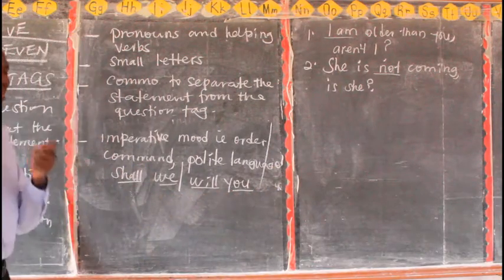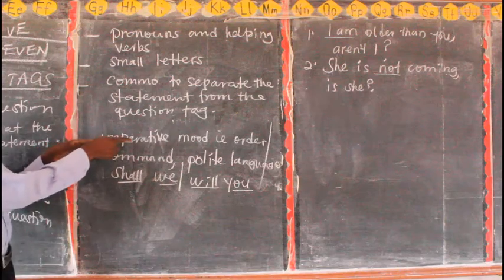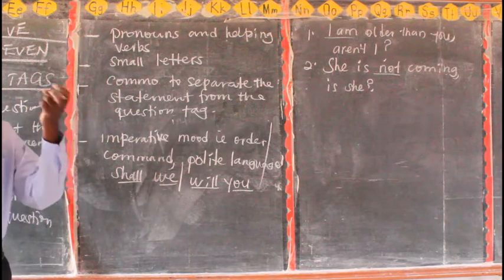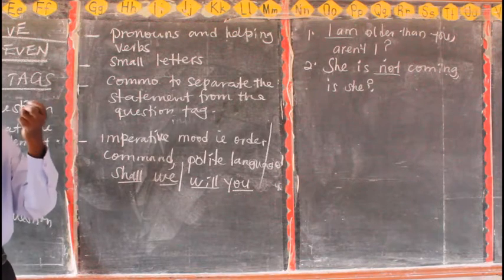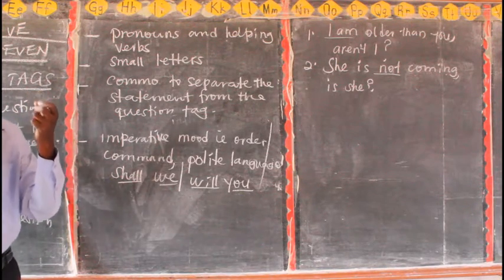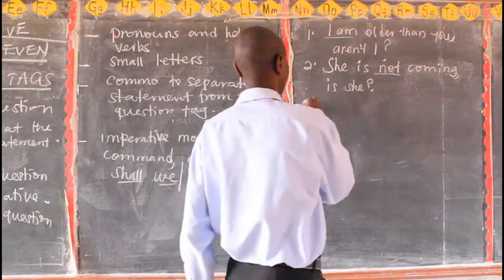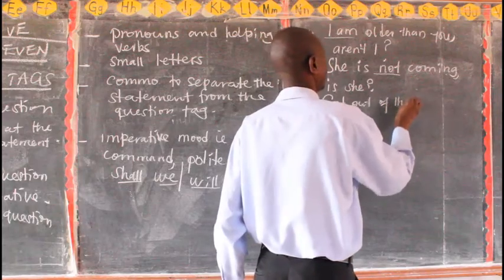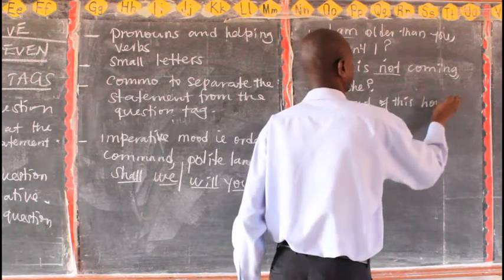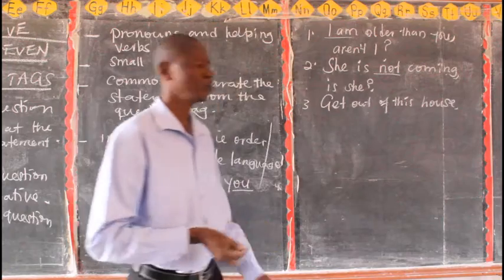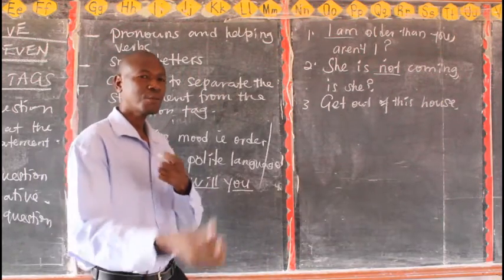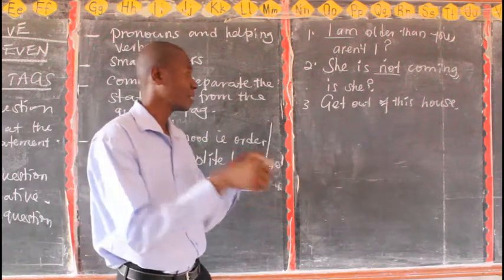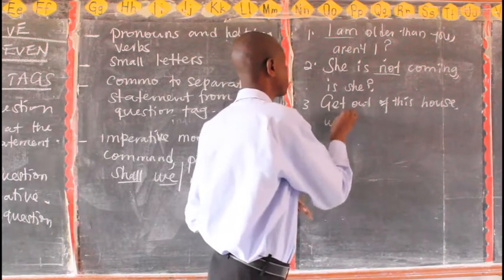Then I want to bring an example of the imperative mood. Someone gives an order, commanding you to do something, applying force: "Get out of this house." If someone is commanding you to get out of the house, the question tag is supposed to be "will you?"